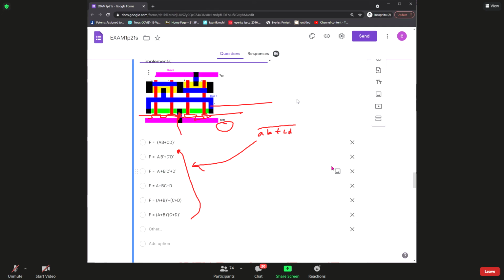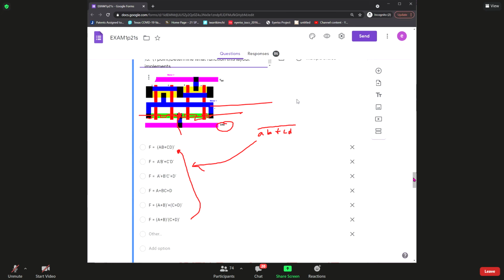What is going to happen to your output node if A is true and B is true, or C is true and D is true? It gets connected to ground. Exactly. So you get a 0 on the output, correct? So having a 1 here will give you a 0, give you a ground. So I want to complement the thing to give you the expression you're wanting.